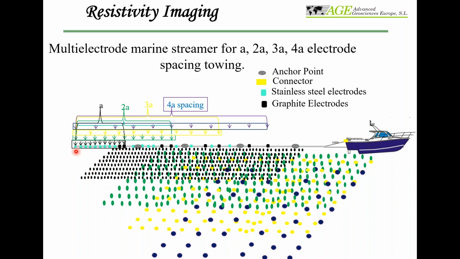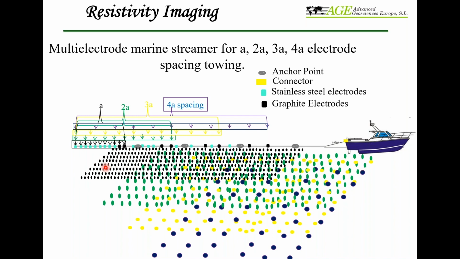The first one is 1A electrode spacing with 11 electrodes. First you put the anchor point and connect it to the cable. The rest of the cable will be in the boat, so you start pulling your cable from here. When you start pulling, you have a very shallow investigation and high resolution measurement. These 8 levels of dense measurement you will get.